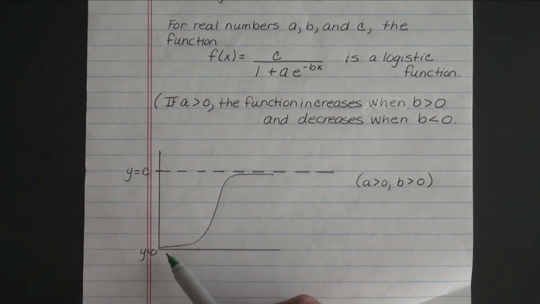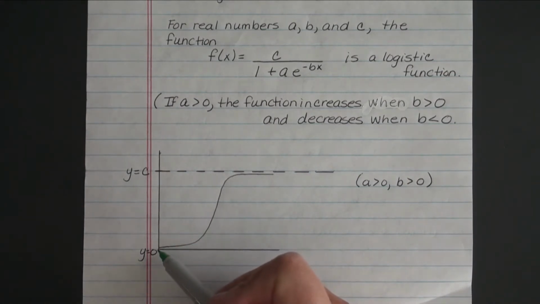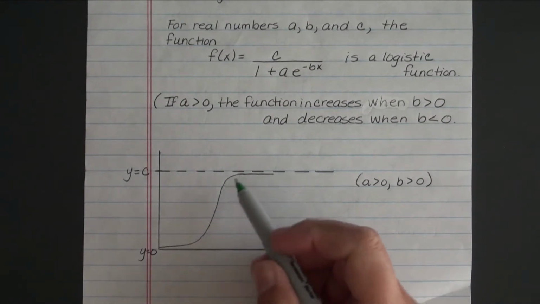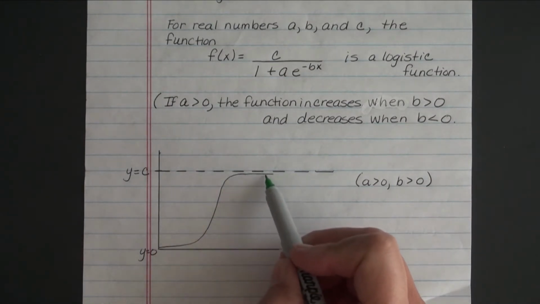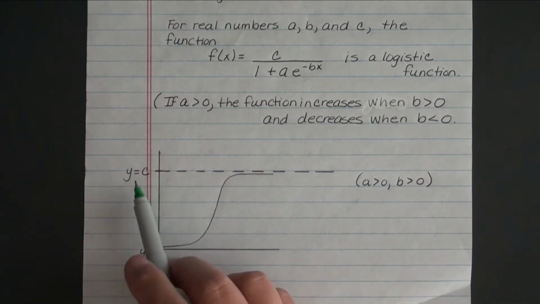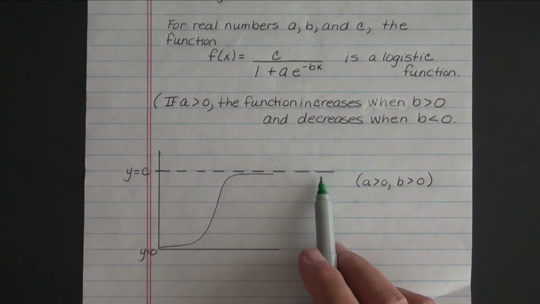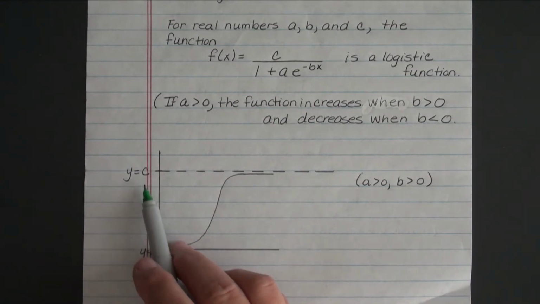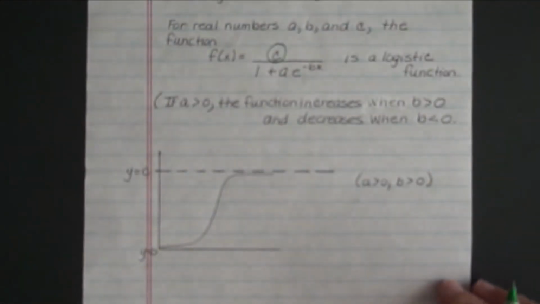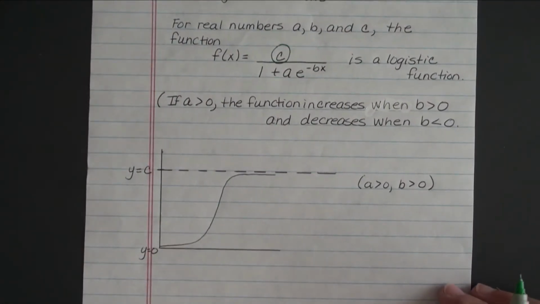You'll notice that this graph increases rather quickly like an exponential function, but then at some point it levels off. And that level that it levels off to is the line y equals c. Recall that the c is the numerator of the fraction.